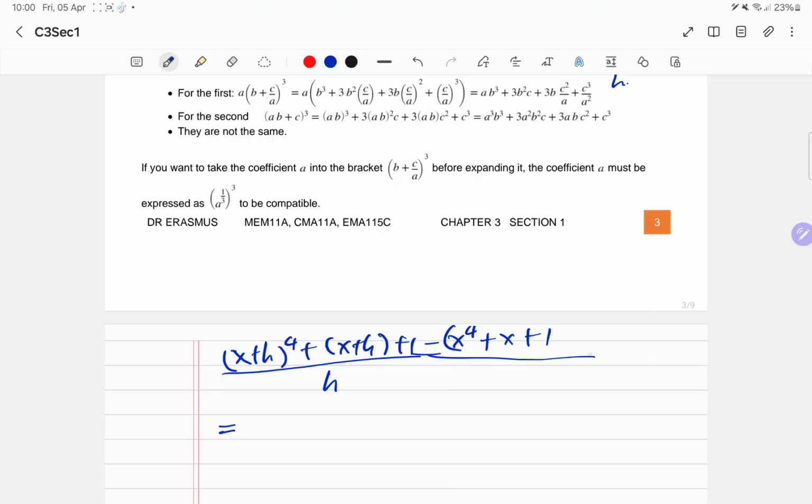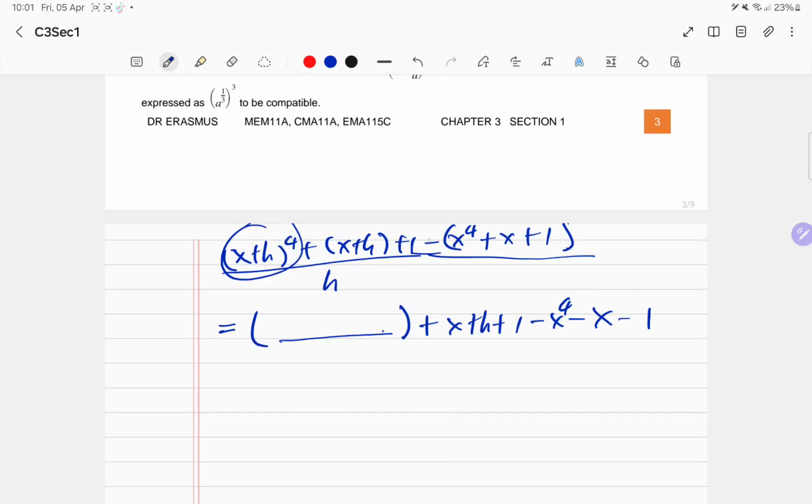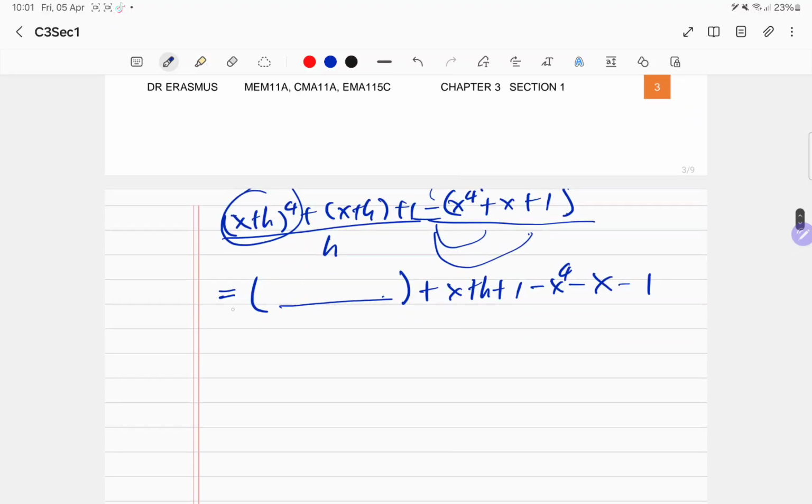Put the bracket. So this is equal to, so you expand x to the power 4 plus x plus h plus 1 minus x to the power 4 minus x minus 1, which is this. So this is all divided by h.